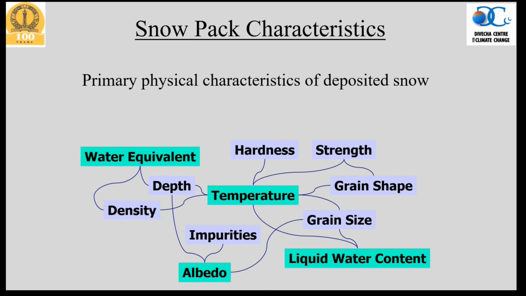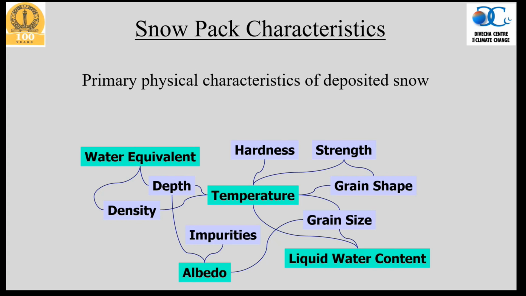The grain size can also significantly reduce the albedo, even though the relationship is a square root relationship. An increase in grain size can also reduce the albedo of the snowpack, and the liquid water content can also reduce the albedo of the snowpack. So these are interlinked parameters, and they influence various physical characteristics of the snowpack.